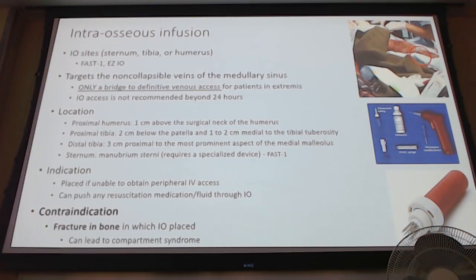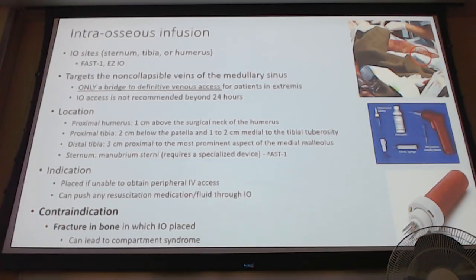You basically have a 1-inch long needle in your sternum. Say that patient needs CPR. What are you going to do? Not great. So I don't recommend the sternum. Proximal humerus, proximal tibia, distal tibia.